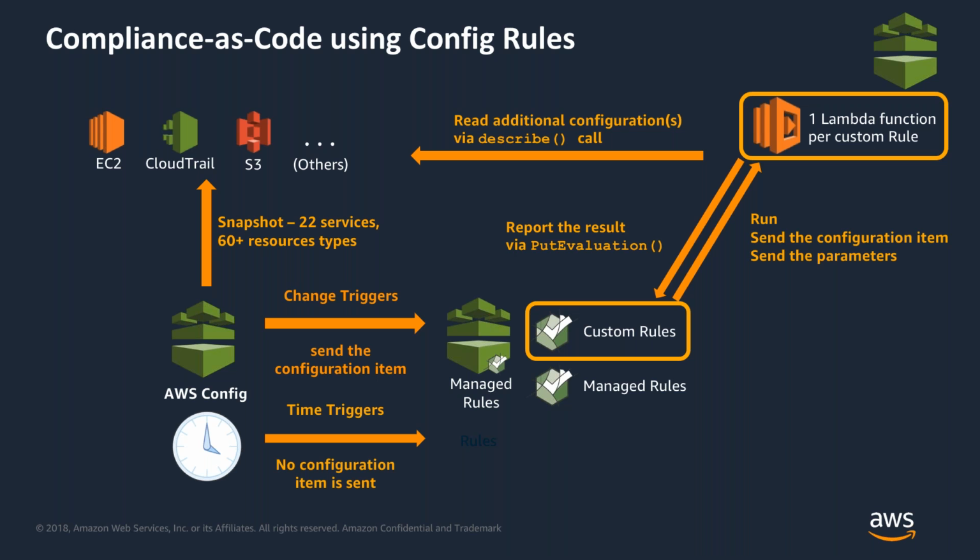One other thing to note is that the trigger for a custom config rule can actually be of two kinds: configuration change or a periodic trigger. This is essentially the trigger that kicks off the evaluation process for your custom config rule. With configuration change triggers, AWS Config runs evaluations for the rule when certain types of resources are created, changed, or deleted.